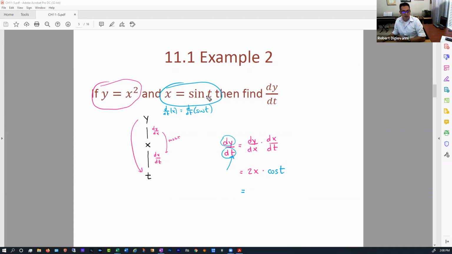So I can just write 2 sine of t cosine of t. Just replace that x with sine of t. And now my derivative, dy/dt, is that. Now, yes, I realize that's an identity. We can clean that up, but we don't need to. All right. Any questions here?